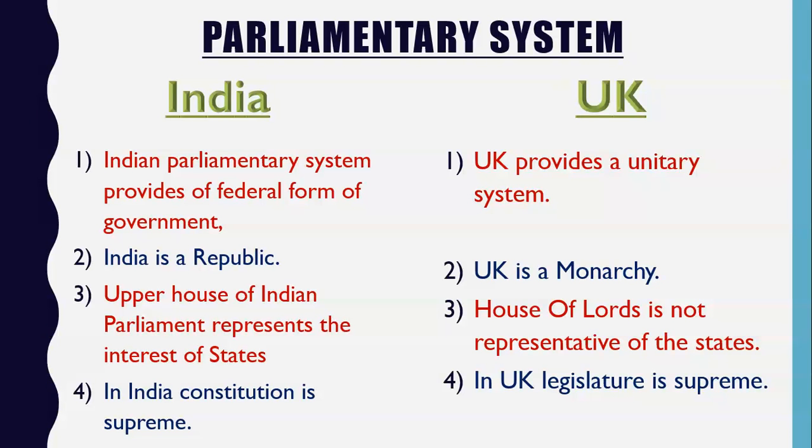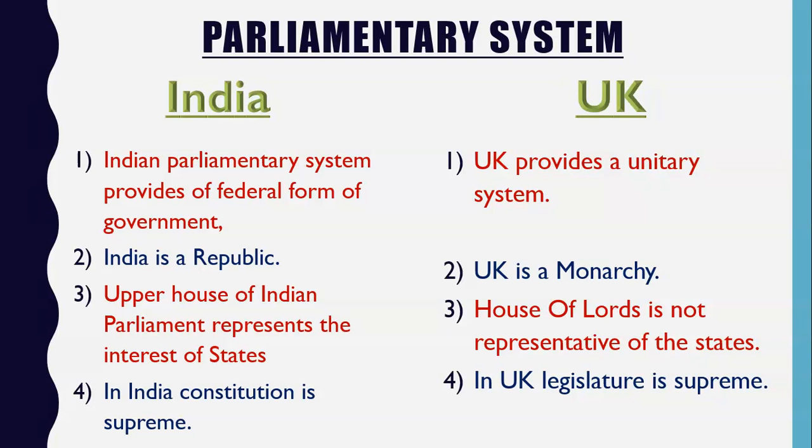Now in India, the upper house of the Indian Parliament, that is Rajya Sabha, represents the interest of states. Now what does it mean? So friends, we know that there are many states in India, for example, Madhya Pradesh, Uttar Pradesh, Kerala, Telangana, Odisha.